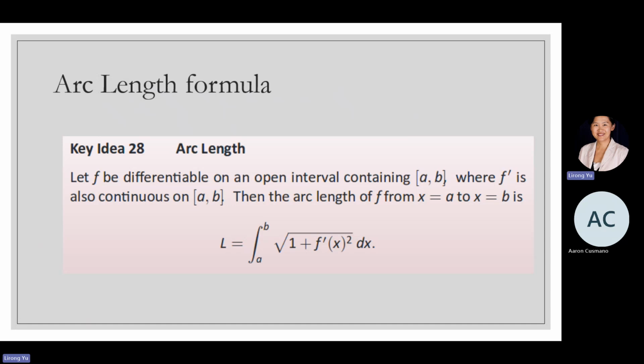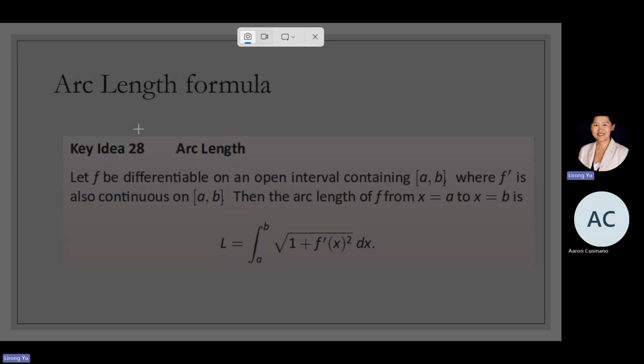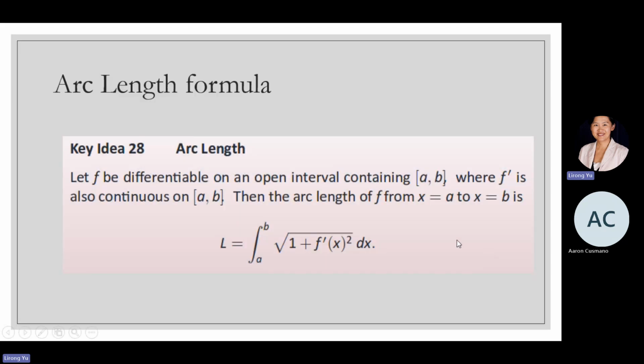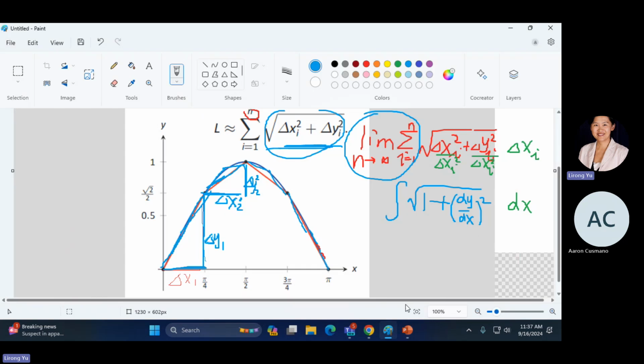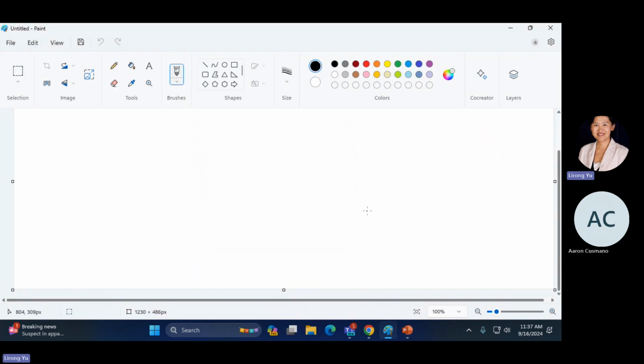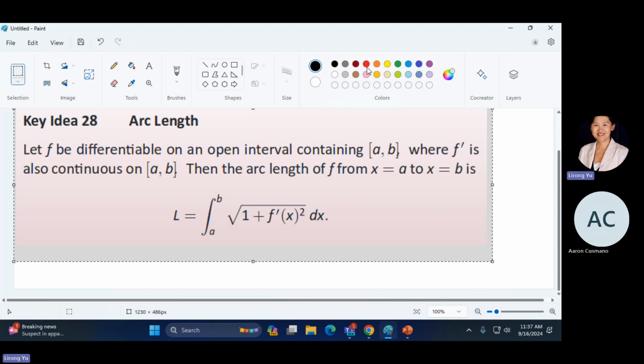All right. We also give it a special name. One of the reasons that this arc length formula is introduced together with area is because we would use this notation again. So right here, this notation, this one, we gave a special name.